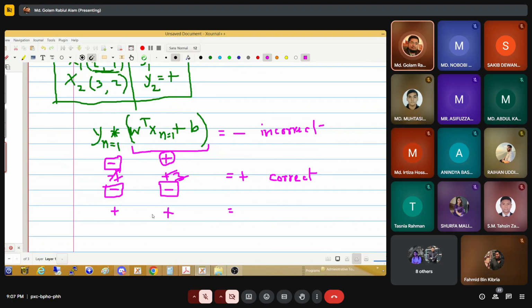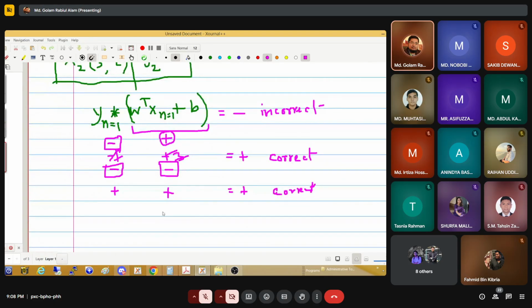And if we multiply these two, then plus and plus, we will get the positive. So this one is also correct. Now, if the original is positive, but the model provides the negative, that means this is incorrect. So for the case of the incorrect, if we multiply these two, then we will get a negative result.